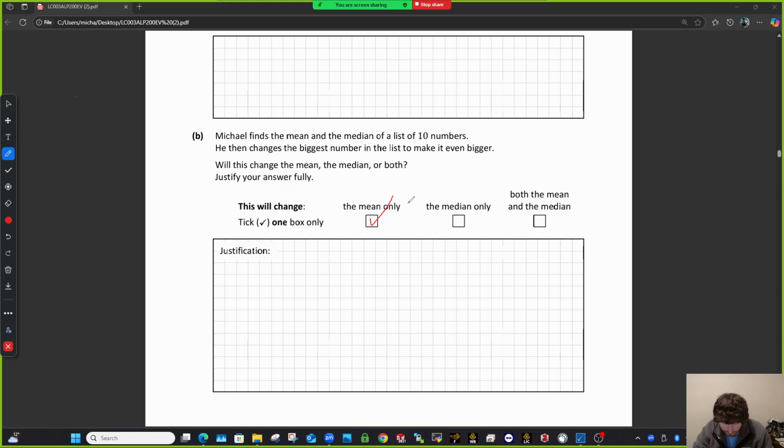So the mean will be the only one to change, and the median won't change. Okay, yeah, after that, the biggest number is made even bigger, so grant the median's unperturbed by the outlier at the end.